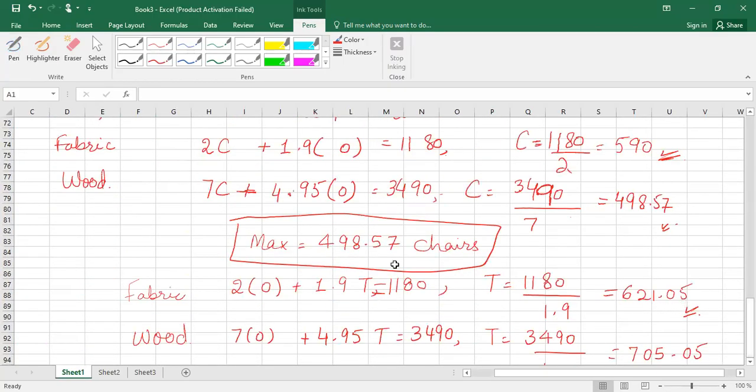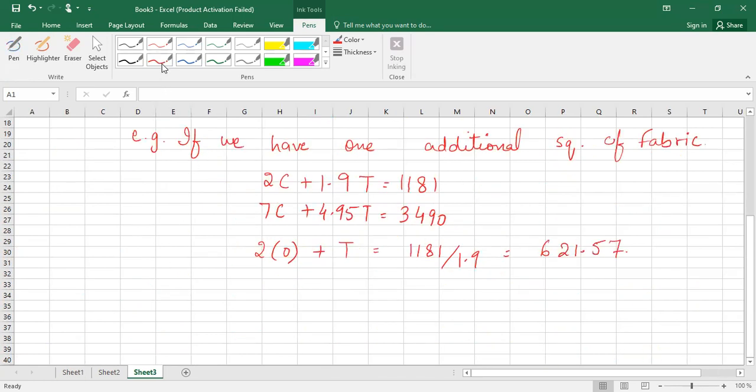So there is a change. Don't think that it's a slight change in decimal, so why account for it? This change will bring a change in contribution. So decimals are important. Plus, T is equal to 3490 divided by 4.95, which is 705.05.